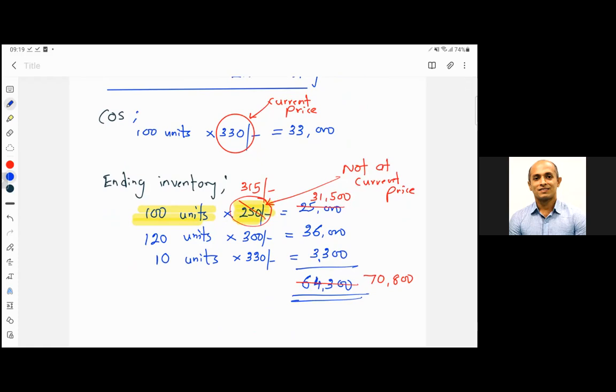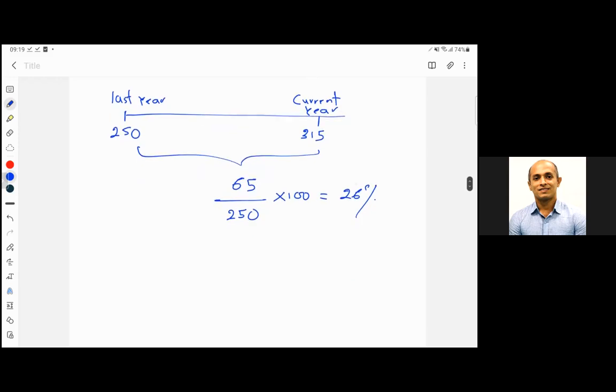Only part of the stock is at the old price. So you may feel that 20% is appropriate. Then you can increase the stock value by 20%.